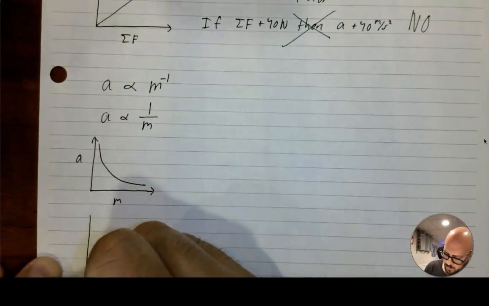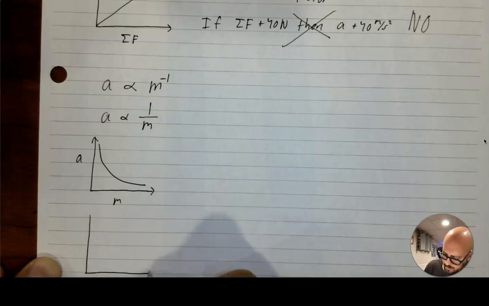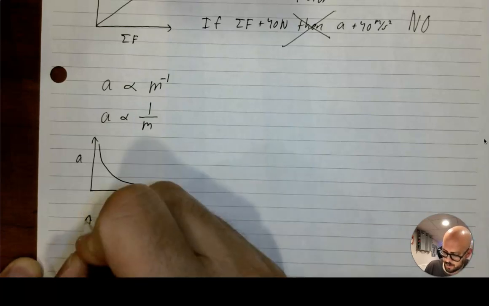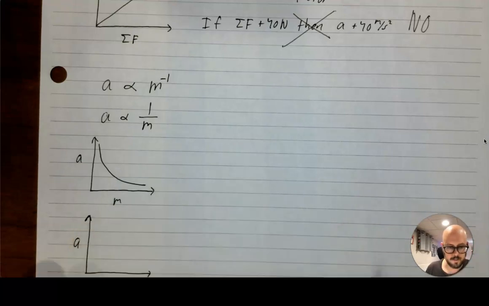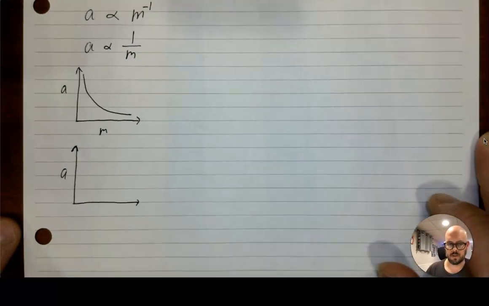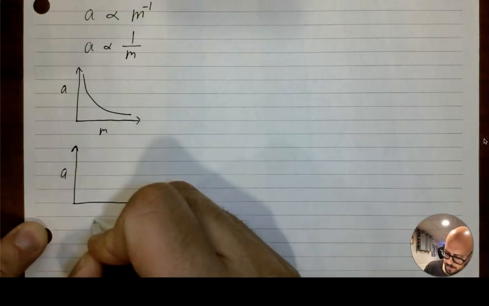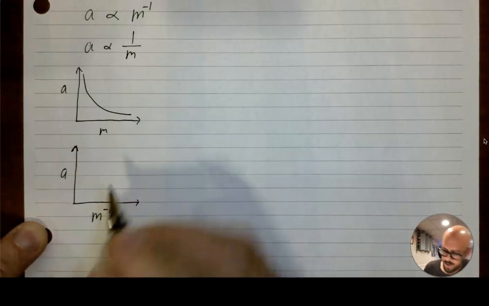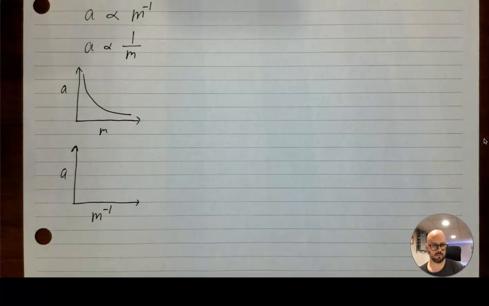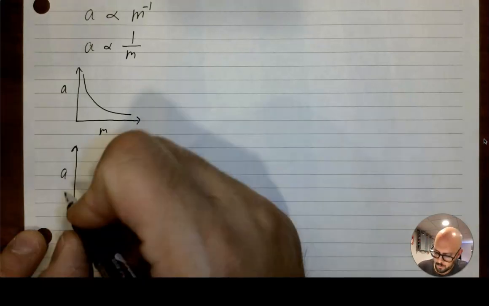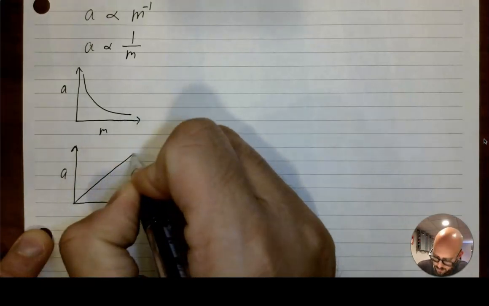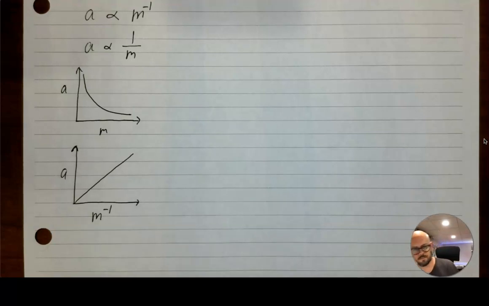But proportionalities, we can write them in the way that they're written. So if we do something kind of crazy, and I mean crazy in terms of physics, if we graph acceleration versus mass to the negative first power, so we take all the masses and take the inverse of all the masses, we will then get another straight line that passes through the origin.